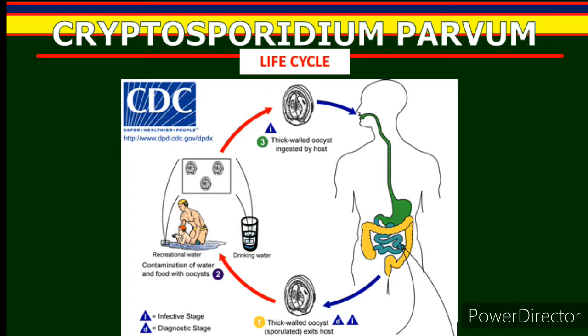For the life cycle, we already have an idea that the mode of transmission of this parasite, Cryptosporidium parvum, was mainly through contact with contaminated water by drinking or using recreational water. Occasionally, food sources such as chicken salad may serve as vehicles for transmission. The zoonotic and anthroponotic transmission of Cryptosporidium parvum occurs through exposure to infected animals or exposure to water contaminated with feces of infected animals.